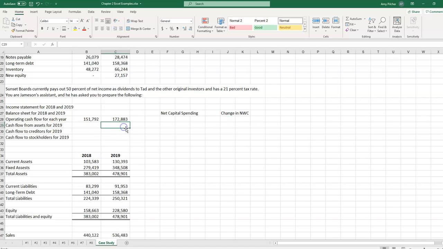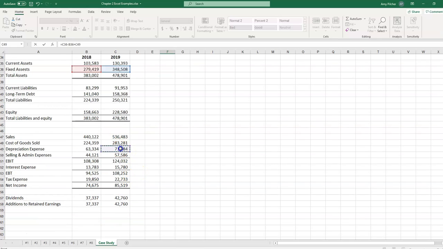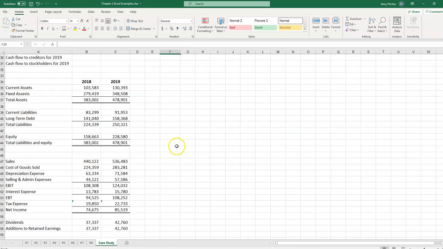Net capital spending is change, so ending fixed assets minus beginning fixed assets plus depreciation. So we're going to take our ending fixed assets from 2019 minus beginning fixed assets in 2018 plus our depreciation expense, and we want 2019's depreciation expense because we're calculating for 2019.